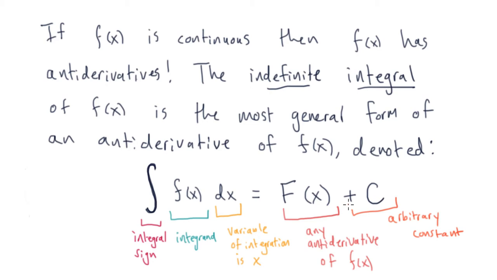That will be the most general form of an antiderivative of f. Okay, so you got the idea of an indefinite integral. It's just the most general form of an antiderivative.